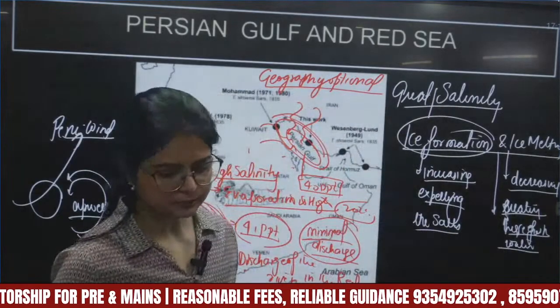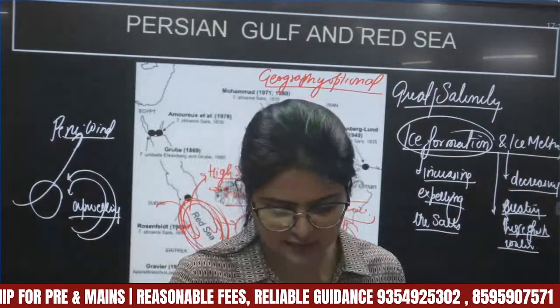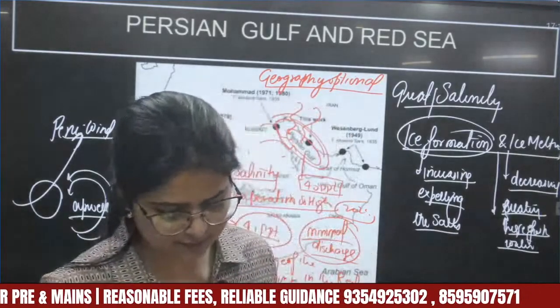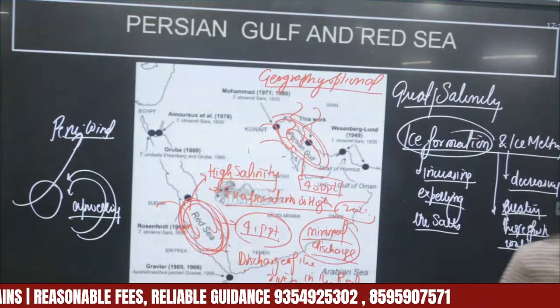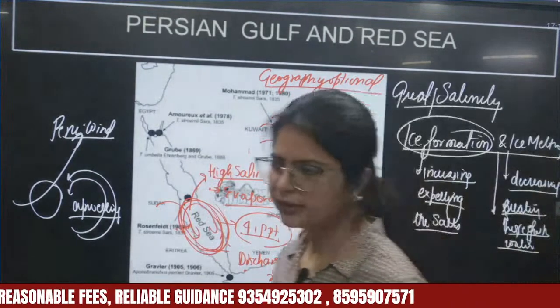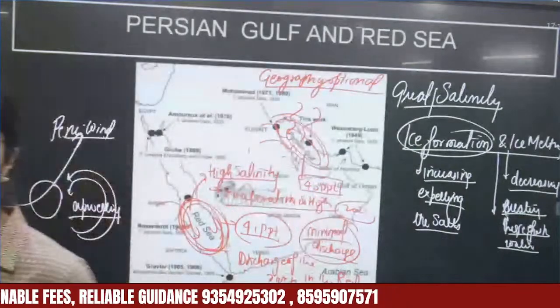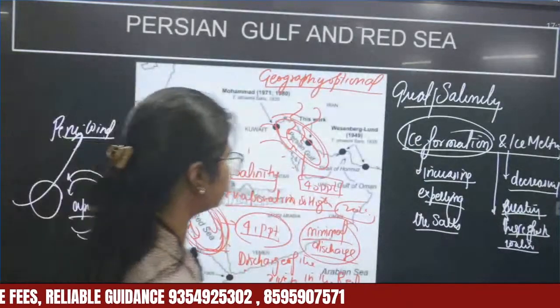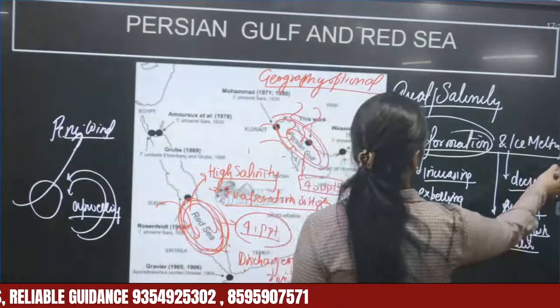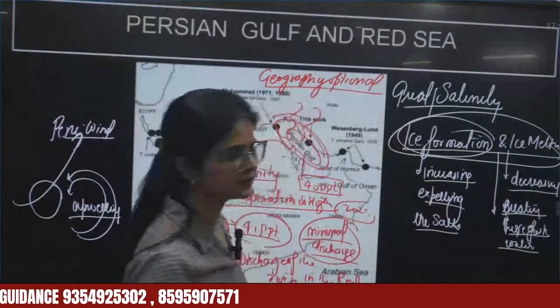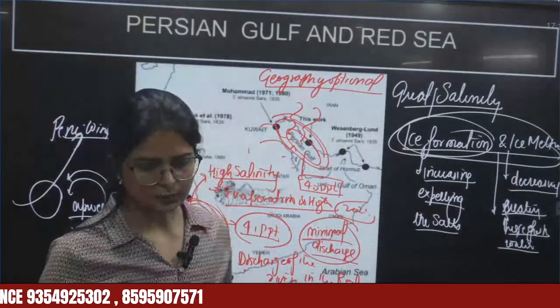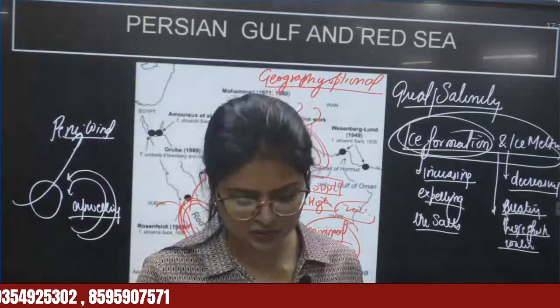Now write down. The processes of ice formation and melting strongly influence salinity, particularly in polar regions.